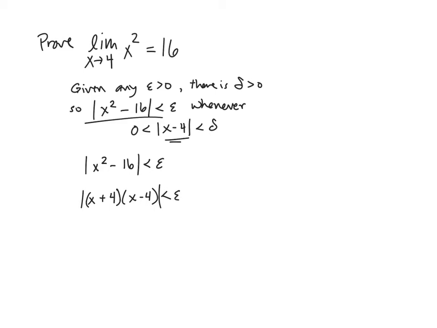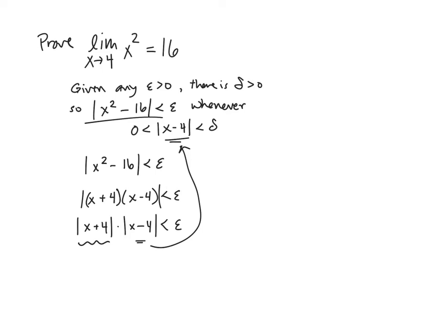And the absolute value of that's less than epsilon. And I can break this into the absolute value of x plus 4 times the absolute value of x minus 4 is less than epsilon. And now I see I've got the absolute value of x minus 4 that I wanted. I need to figure out what to do with this thing, the absolute value of x plus 4.